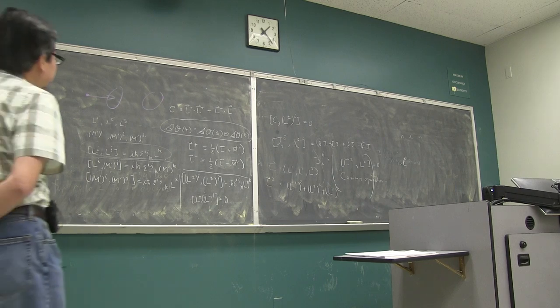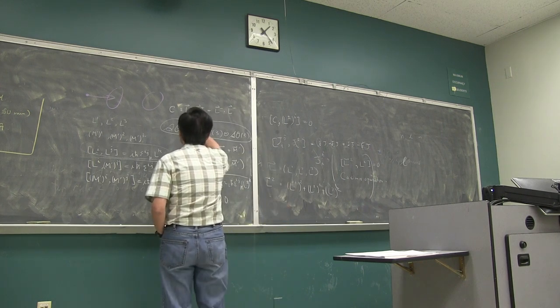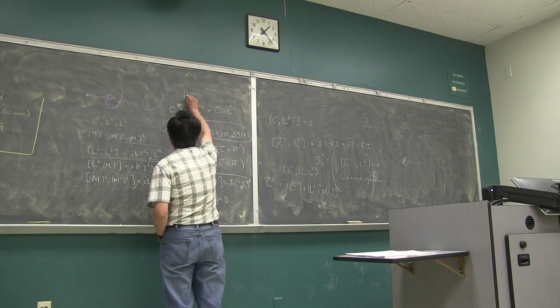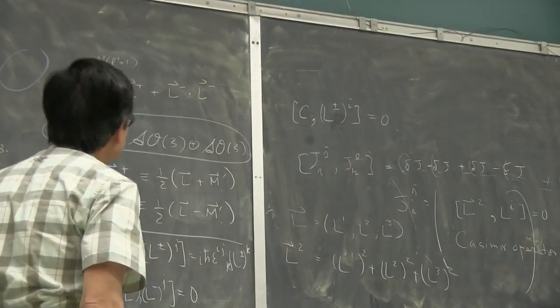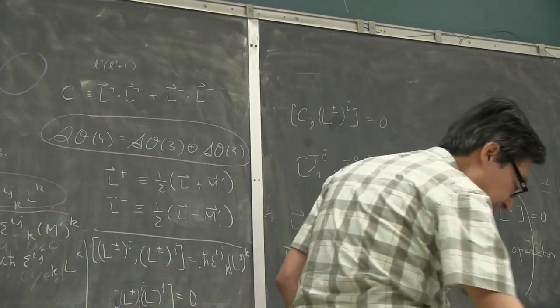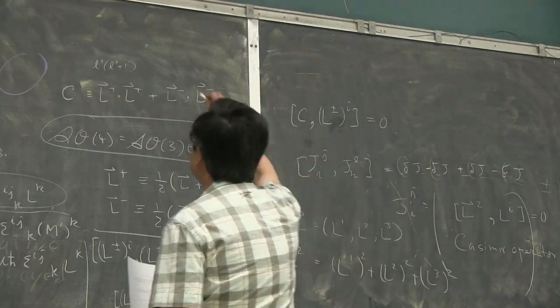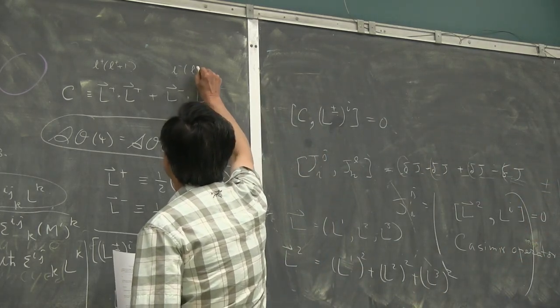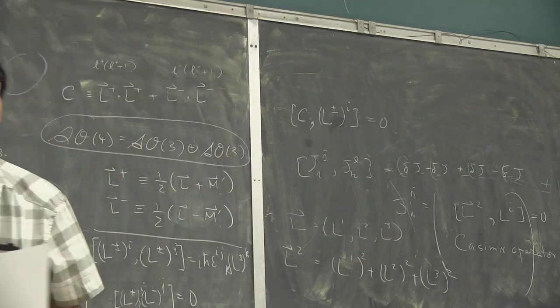So this has eigenvalue, let me call it, l plus times (l plus + 1), and this other thing has the eigenvalue l minus times (l minus + 1).